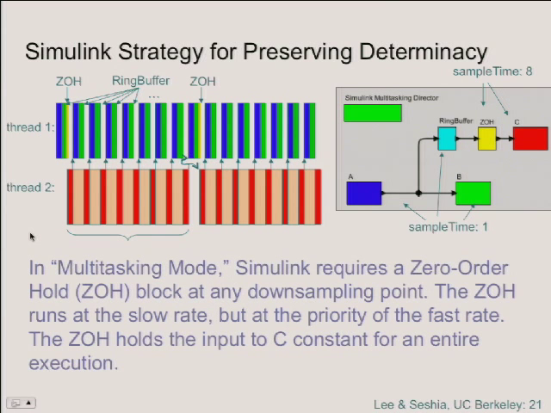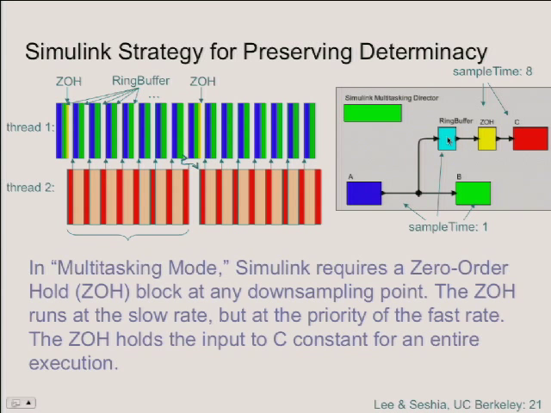Okay? Does everybody see why? The issue here is that as soon as the zero-order hold becomes enabled, okay, meaning that the ring buffer has executed 8 times, the zero-order hold will execute, not the red block, because the zero-order hold is in the high-priority thread.